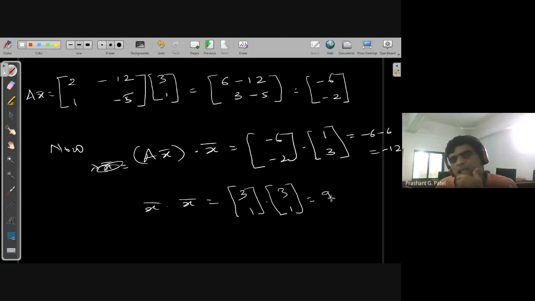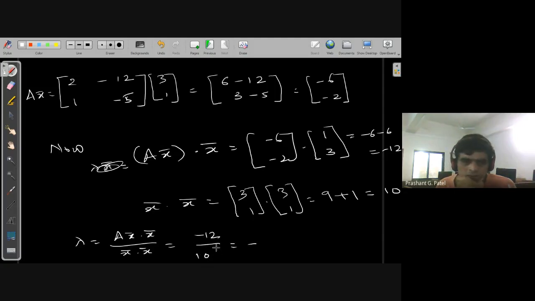So it will give me 9 plus 1, that will give me 10. Okay, so this is lambda, that is Ax bar dot X bar upon X bar dot X bar, which will give me minus 12 upon 10.